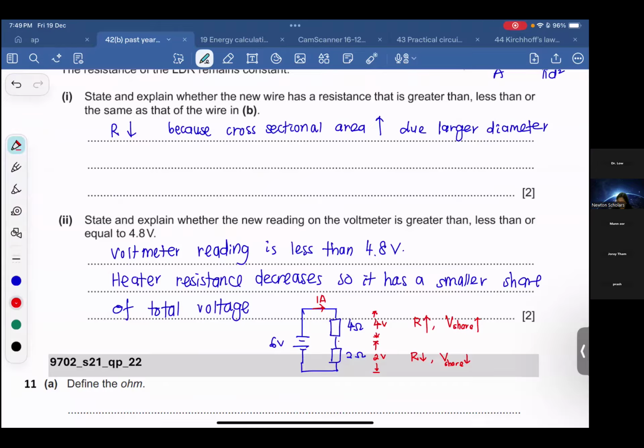So if I connect a voltmeter here, the voltmeter reading will decrease. This is the knowledge about potential divider. It shares the voltage. So you write it down.